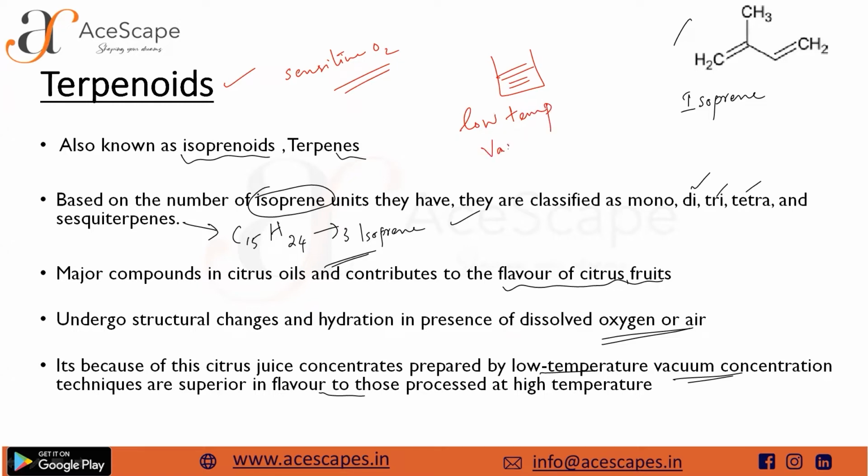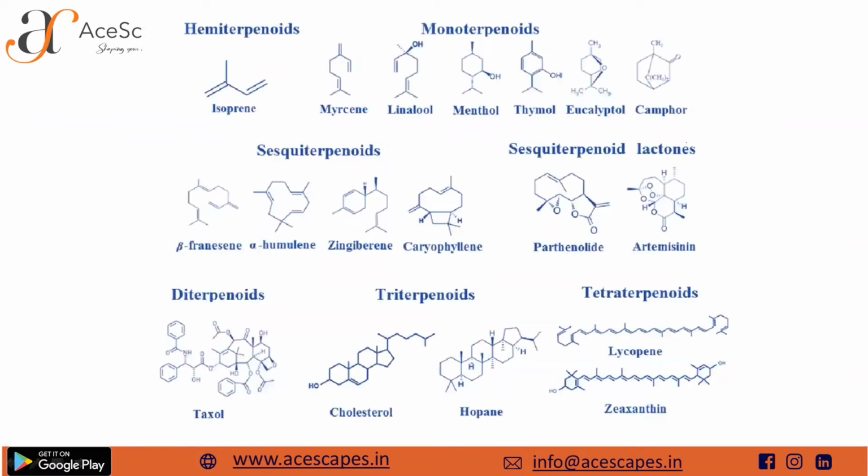If we go for these two conditions, we can preserve the terpenoids, and thereby preserve the flavor of our component. Okay, got it? Is it clear now? Yes, ma'am. Okay, so we'll see some of the examples.